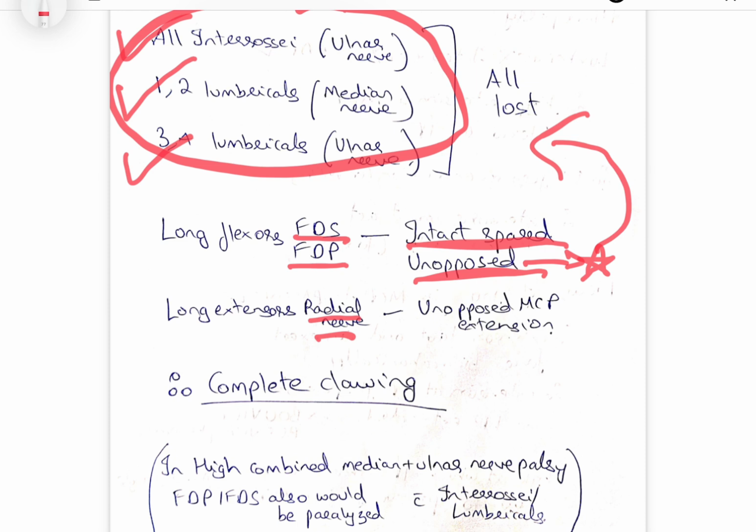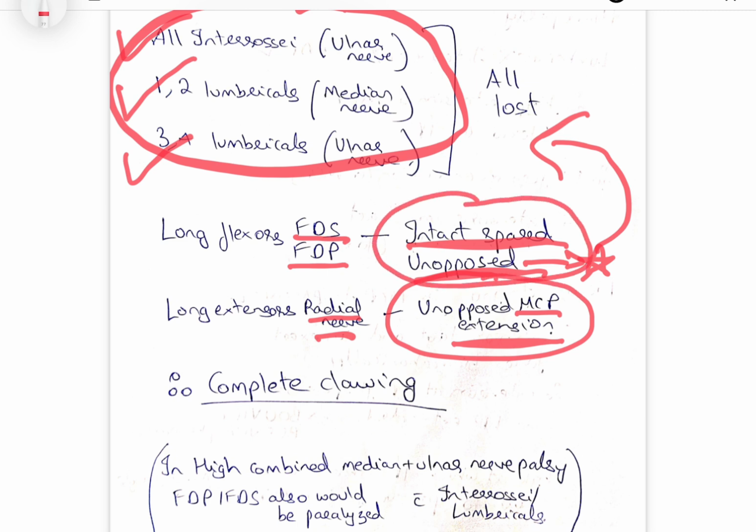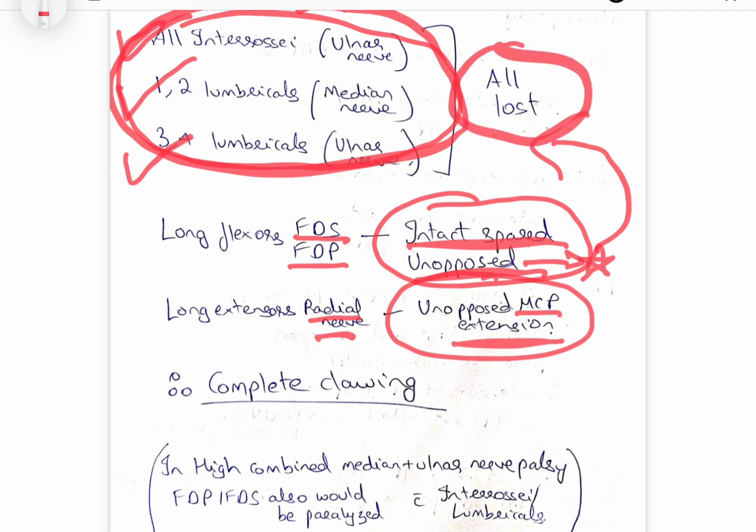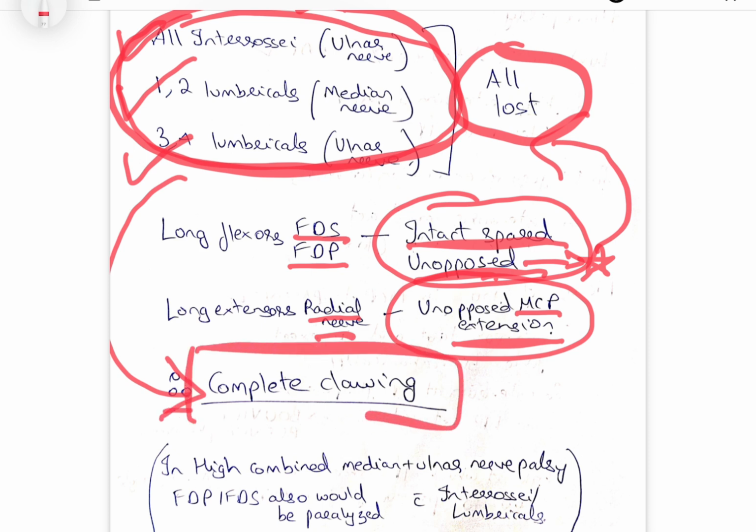So there is unopposed MCP extension and unopposed IP joint flexion, and the opposing forces at both the medial and lateral sides are lost, because there is combined ulnar and median nerve palsy. So that is the reason why in combined ulnar and median nerve palsy there is complete clawing.